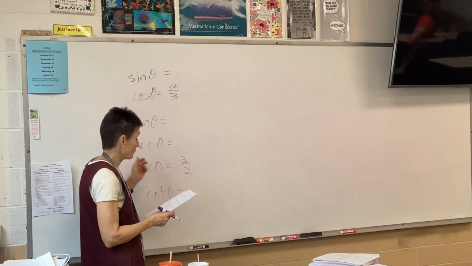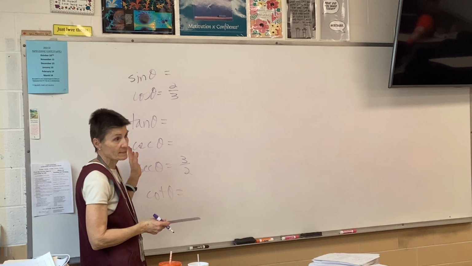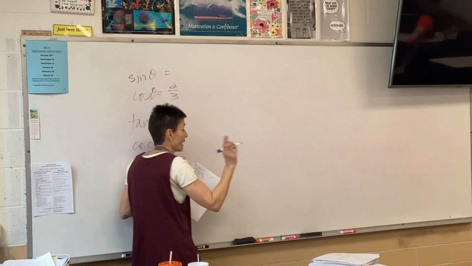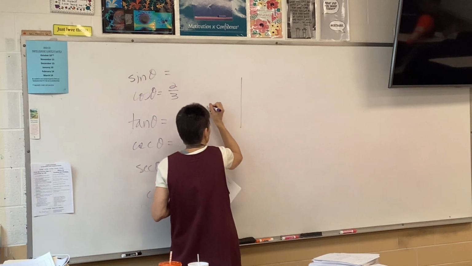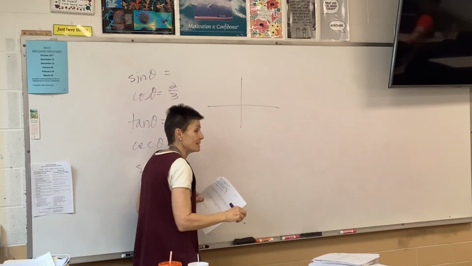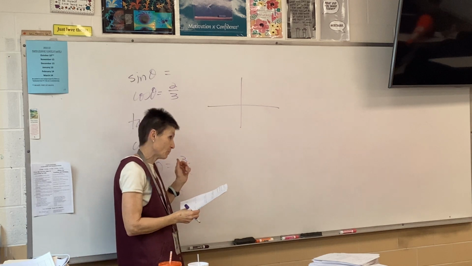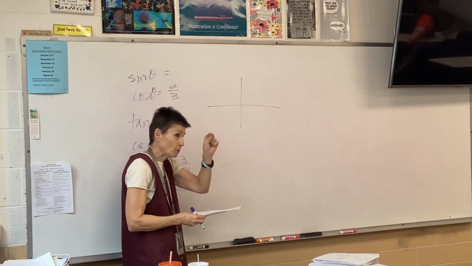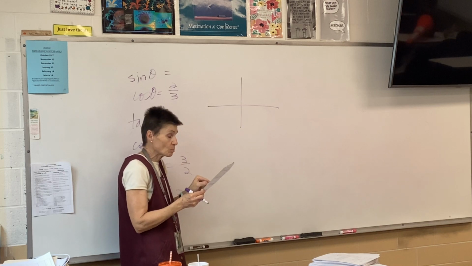Now, would you agree I need a picture here to solve the rest of this? And the problem tells me where to draw the picture. If the problem didn't tell me, I'd probably put it in quadrant 1, but when they tell me, I have to put it where it says. Where does this one go?